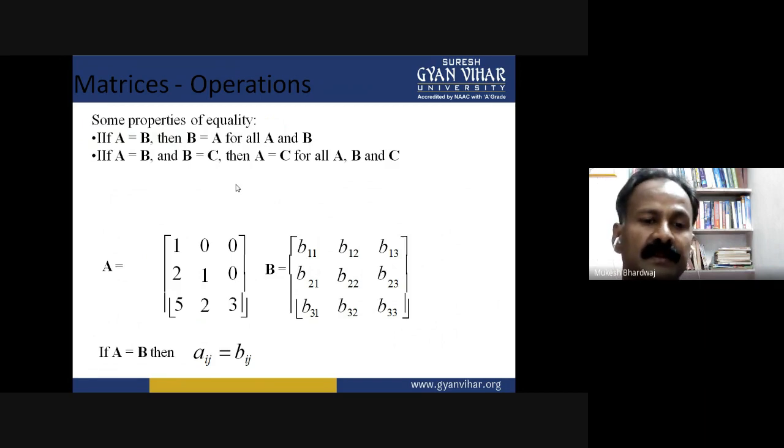If A equals B, then Aij equals Bij. So these are some properties of equality.